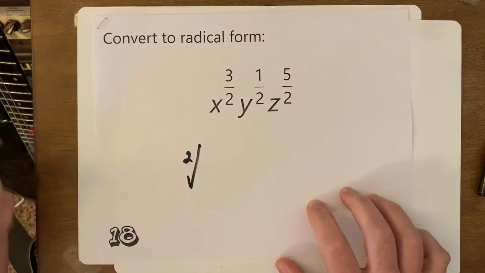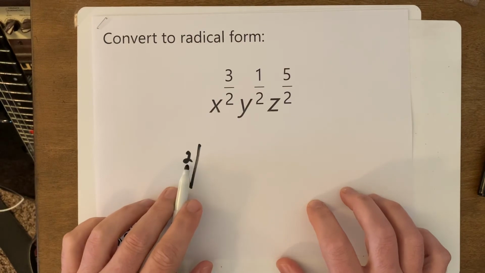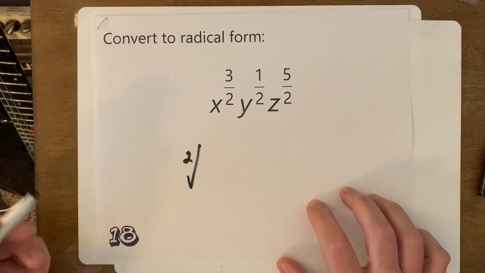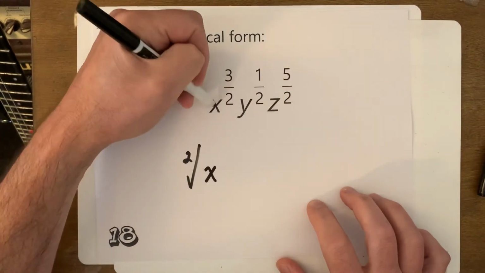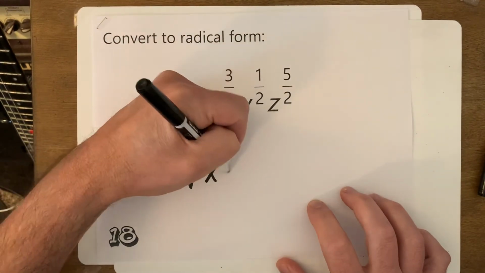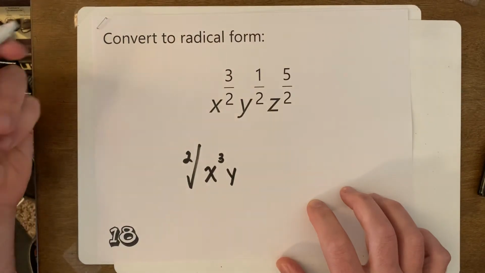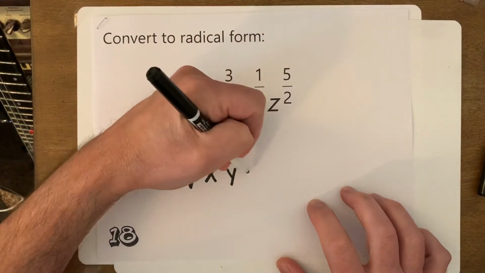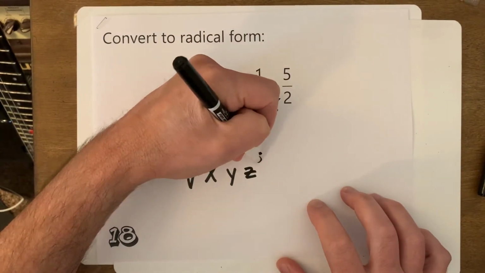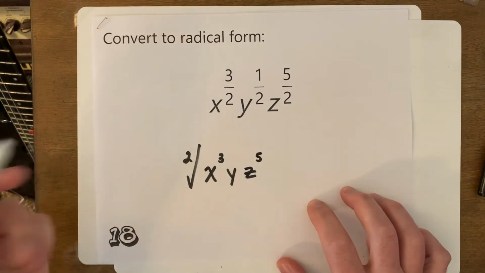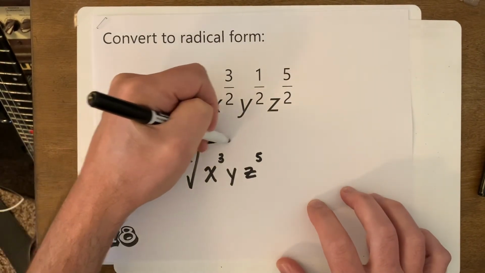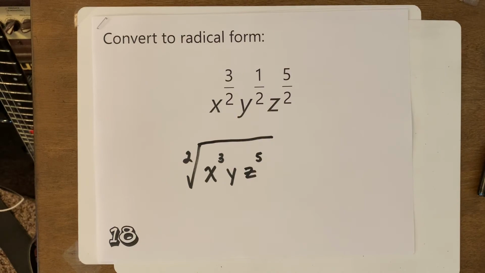So it's square root, and if it's square root and you write the 2 there, that's fine. Nobody's going to mark that wrong. It's no problem. X cubed, y to the first power. I could write a 1 there, but I'm not going to. Z to the 5th. I just can't bring myself to put a 1 there because it's not necessary, and I'm in the habit of not putting it there if I don't need it. And that one's done.